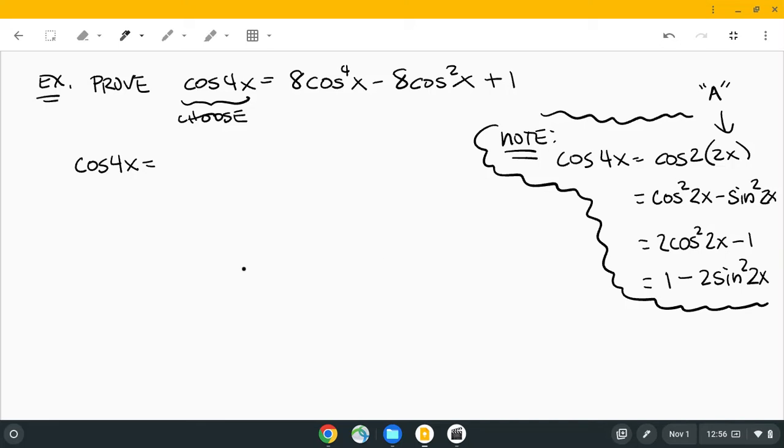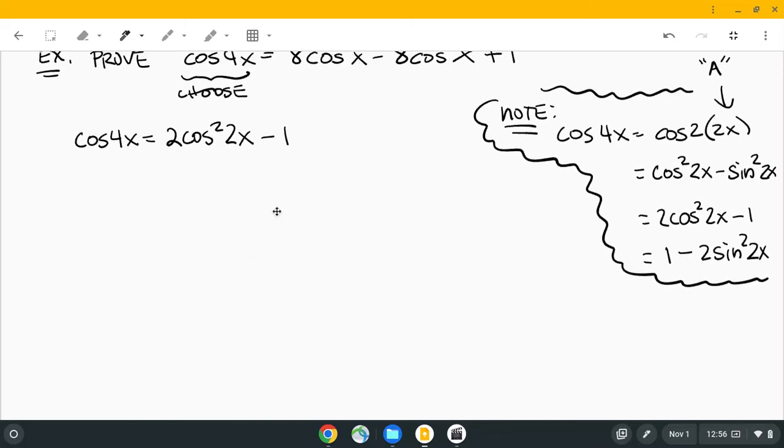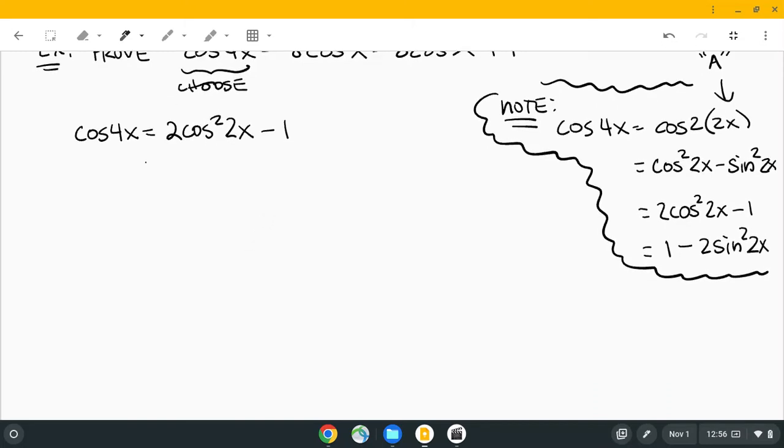So 2 cosine squared 2x minus 1. Whether I have the square right in there or out here, they mean the same.